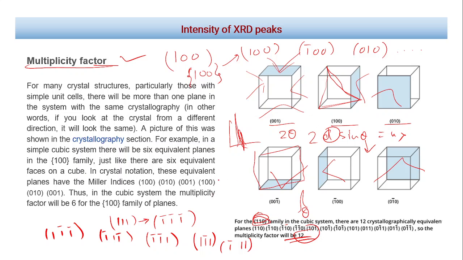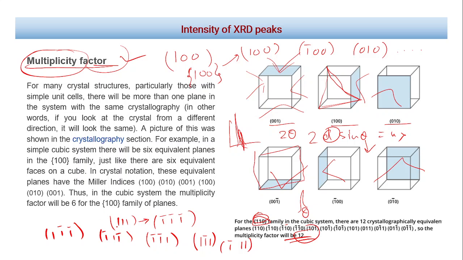So I hope this is clear. This is how the multiplicity factor works. I hope the meaning is also clear, because if I'm considering diffraction from the 100 family of planes, then my peak will be more intense because there are more 100 planes in a way. Here the 100 plane, 010, all are identical, so there are more planes to do that same diffraction, and the intensity will be more for that peak.